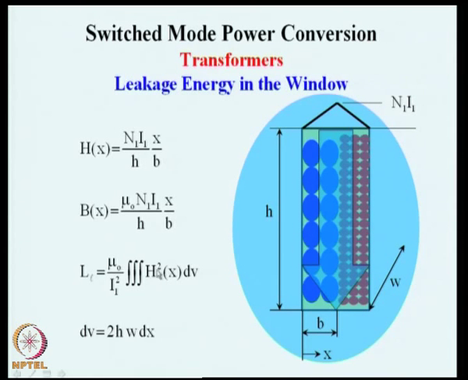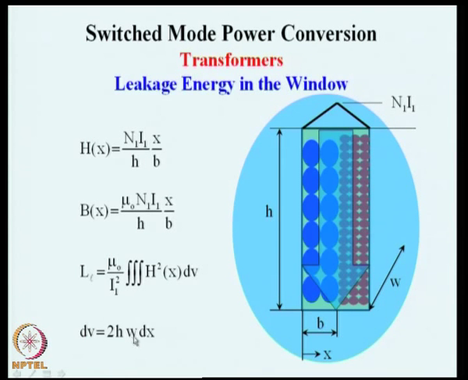If you integrate H square and multiply by mu naught by I square, that will be the leakage inductance, and the volume that you have to integrate is the volume of this complete window, h multiplied by w, which is this width, and then dx, the small incremental distance that we have considered, and there are two such windows on this side and the right hand side.